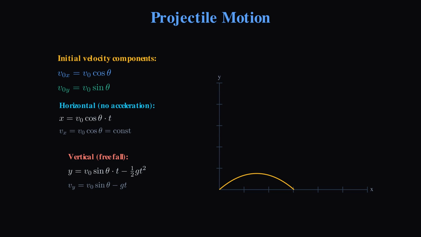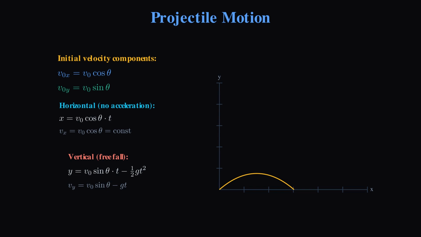The vertical displacement y equals v0 times sine theta times t minus 1/2 g times t squared. From these four equations, every result about projectile motion follows by algebra.